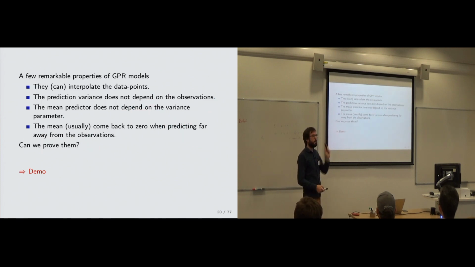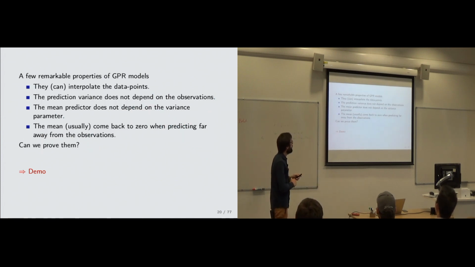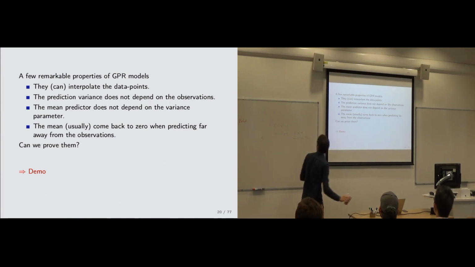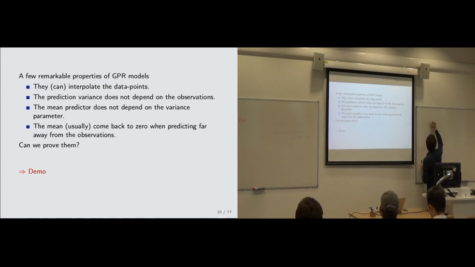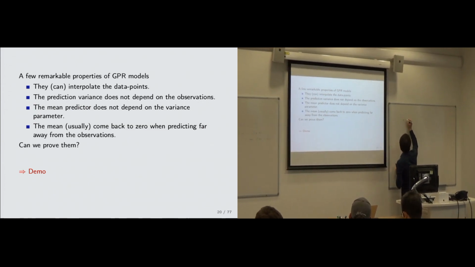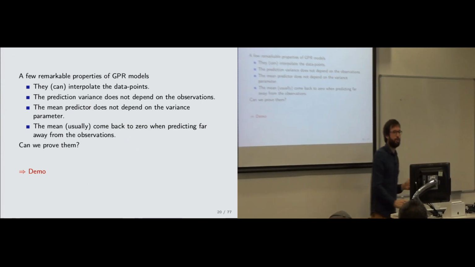So now to answer the question you had. A few properties of Gaussian process regression. The ones we've seen so far interpolate the data points. Can we show why this is true? So we have the mean. Let's say we want to predict at the first observation point.